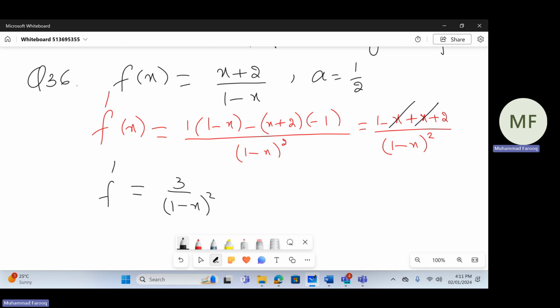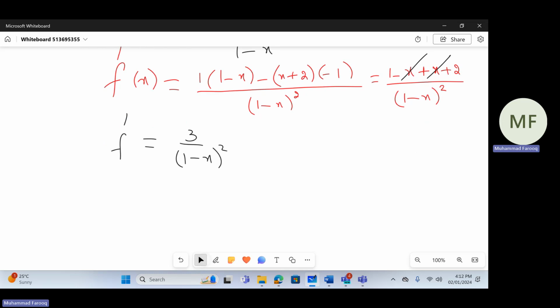As per the question, I need my derivative at the point x equals A. How much is A given? Half. So please substitute x value half.